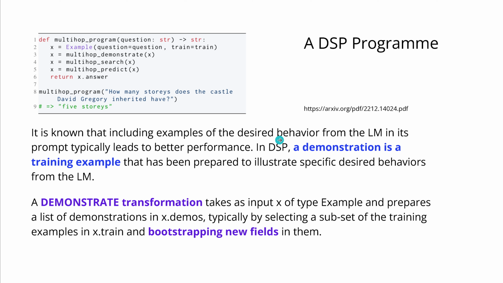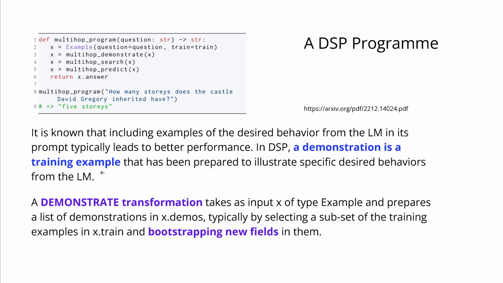So in DSP, we call this additional training data demonstration. A demonstration is a training example that has been specifically prepared to illustrate our specific desired behaviors from our large language model.